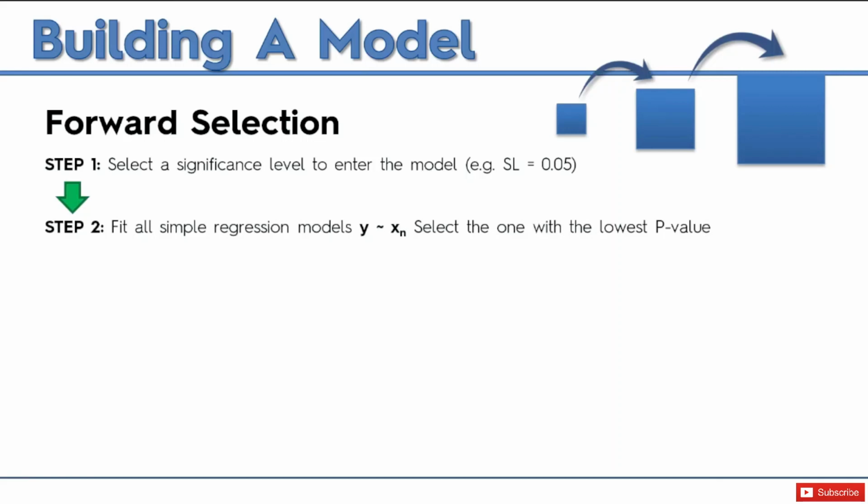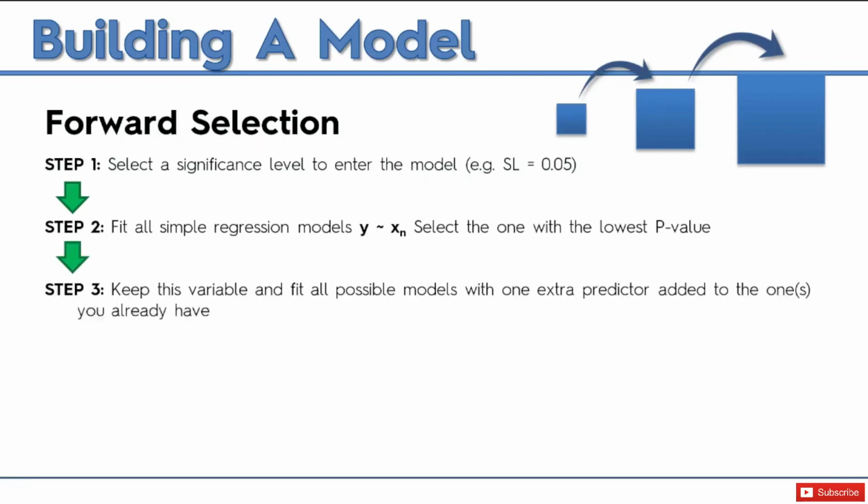Then we go to step two. We fit all possible simple regression models. So we take the dependent variable and we create a regression model with every single independent variable that we have. And then out of all of those models, we select the one which has the lowest p-value for the independent variable. So you can already see that that is in itself a lot of work.